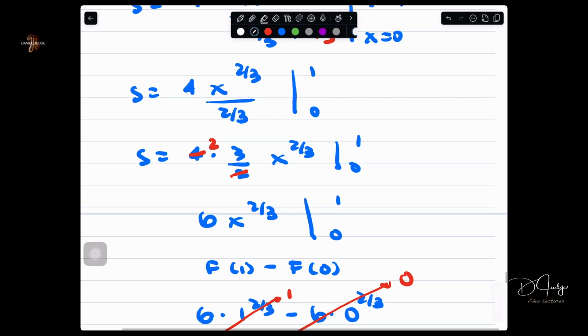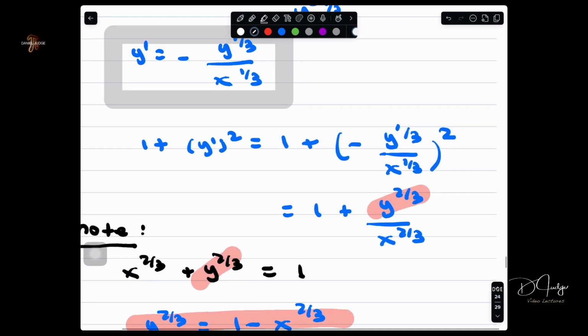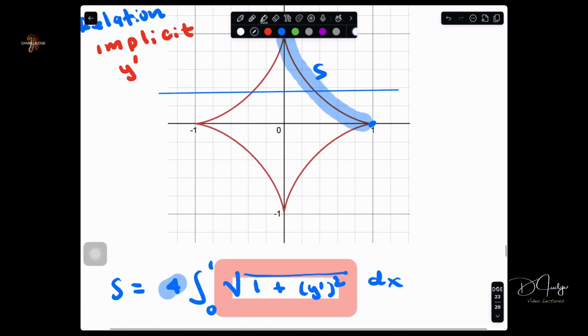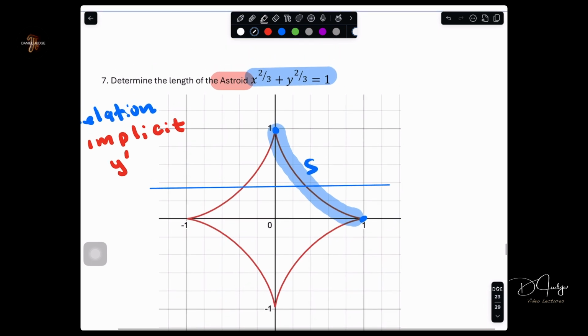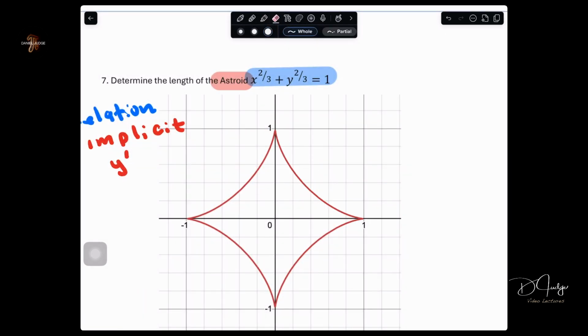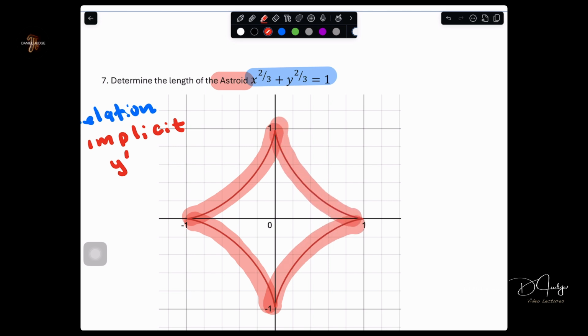All right. So that's the total distance around this curve called the asteroid. It is a relation. You say, why is it a relation? Sorry, it's a relation, ladies and gentlemen, because we have what's called the vertical line test.